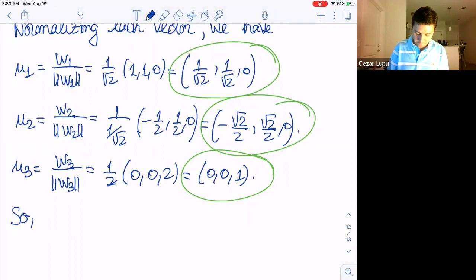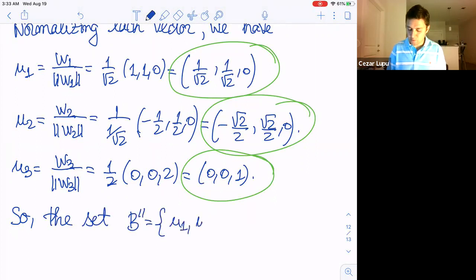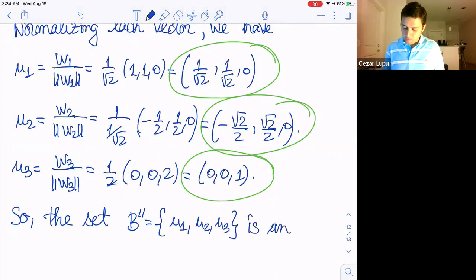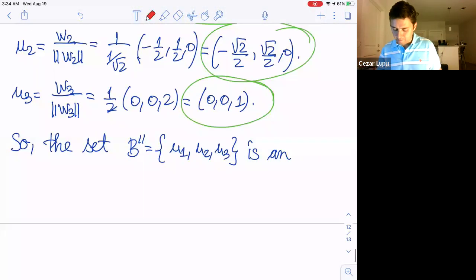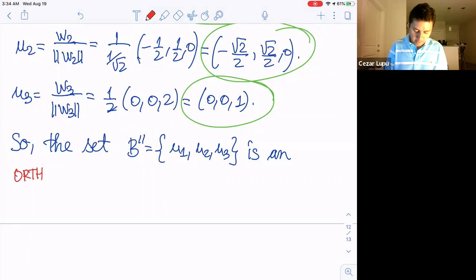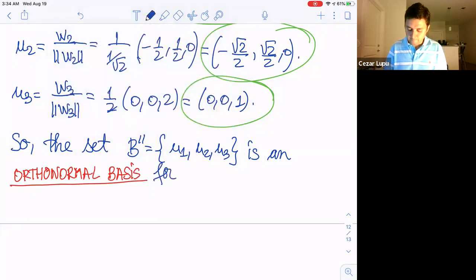So the set, which will consist of vectors U1, U2, and U3, is an orthonormal basis for R3. Okay, great. It's a very simple example.